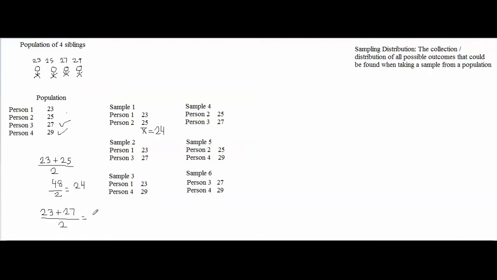This adds up to 50 on top. 50 divided by 2 is 25. So if we select person 1 and person 3 to be our sample, and we record their 2 ages, then our sample mean will end up being 25.